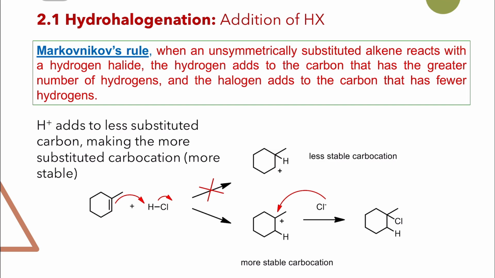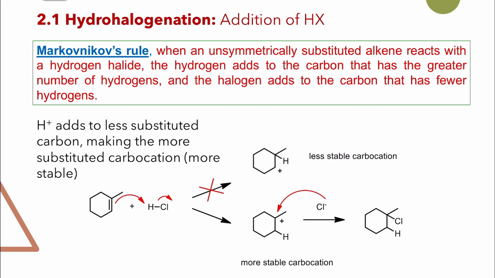There is a rule called Markovnikov's rule, and Markovnikov's rule says when an asymmetric substituted alkene reacts with a hydrogen halide, then the hydrogen, which will add itself first, will add itself to the carbon that has the greater number of hydrogens, which means I will make the carbon which is rich in hydrogen richer.